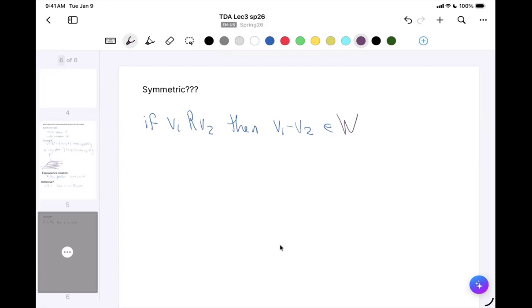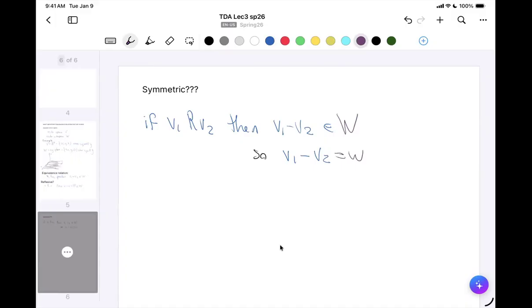That just means that their difference is a vector w. So V1 minus V2 is a vector w. I don't know which vector it is, but it will be some vector w, which lives in this subspace W. I mean, I'm using the W in two different ways, uppercase and lowercase.